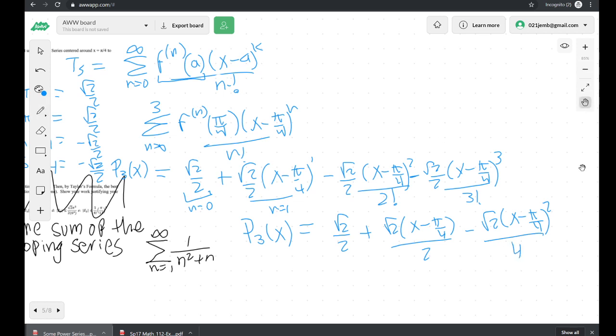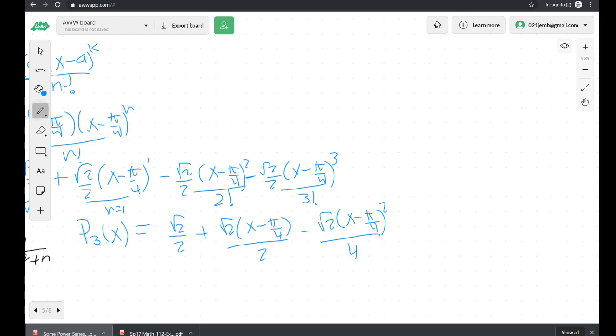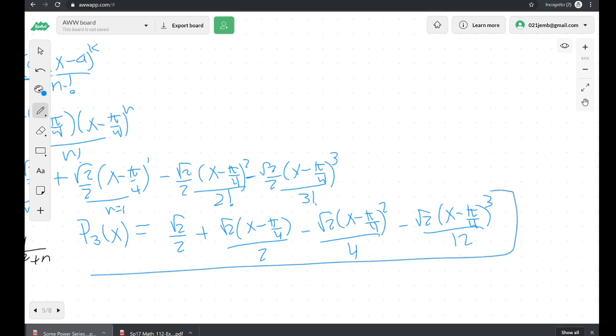So that's going to be the third term. And then we're going to do the last one: minus root 2 times x minus pi over 4 to the third power divided by 3 factorial times 2, which is basically 6 times 2, which is 12. And that's going to be the Taylor polynomial at n equals 3.